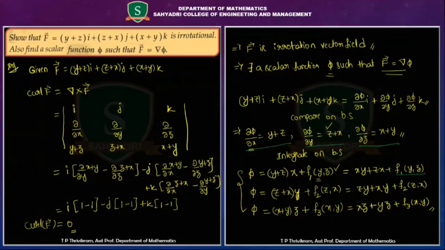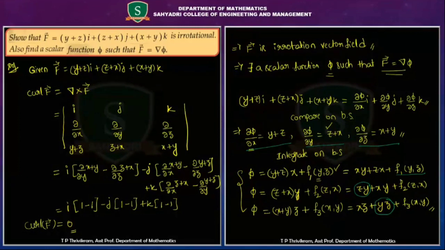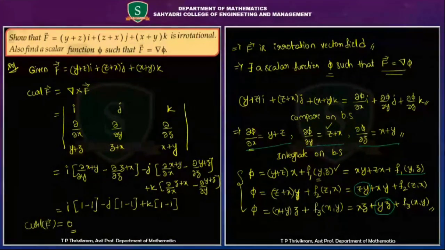Which one is there? Here the yz function is not there, here yz is there, and here also yz is there. But these two are the same, so you can take only one. So f1 of yz must be zy or yz.